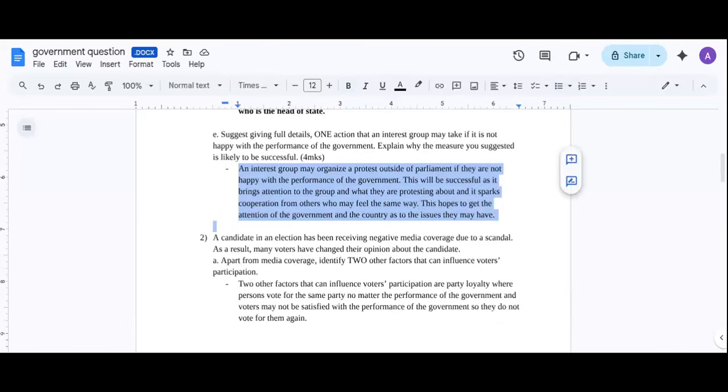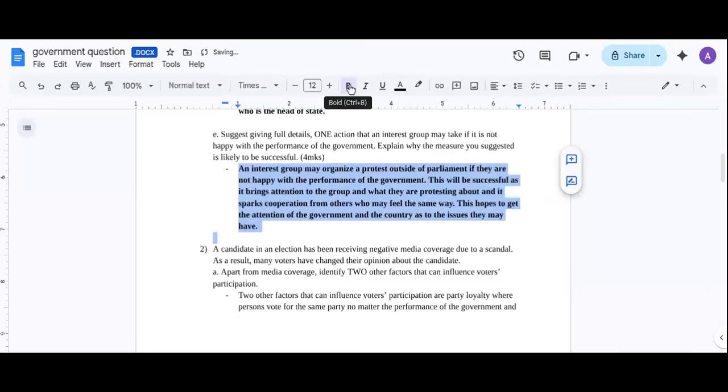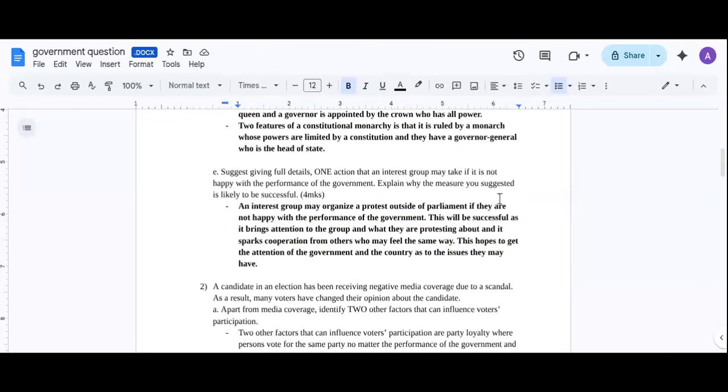So they may want to influence or effect change. So we know one action an interest group can take is by protesting. So an interest group may organize a protest outside of parliament if they are not happy with the performance of the government.